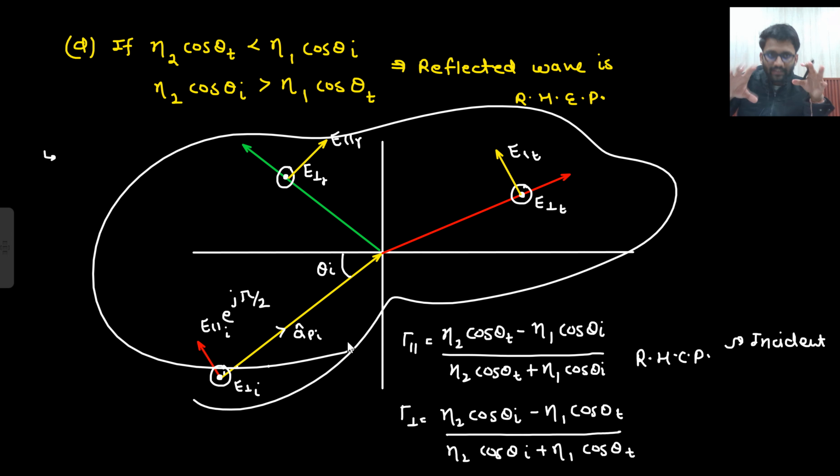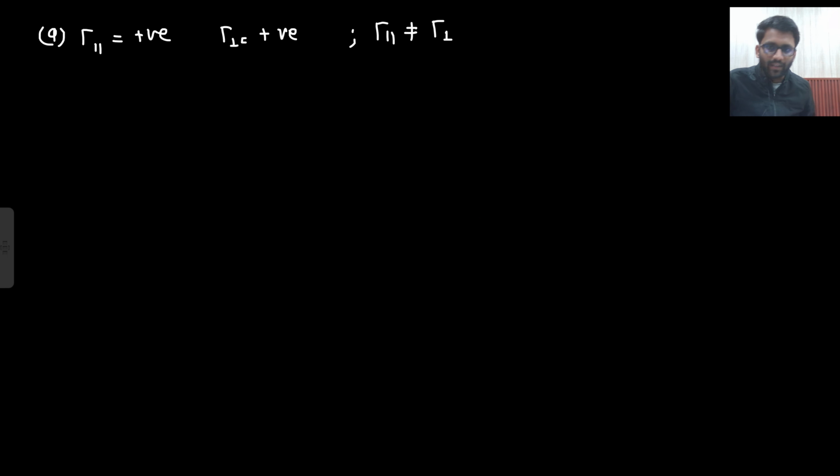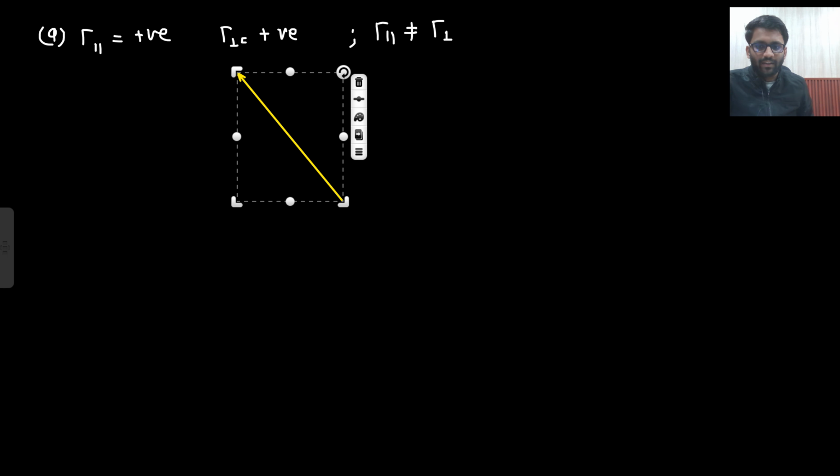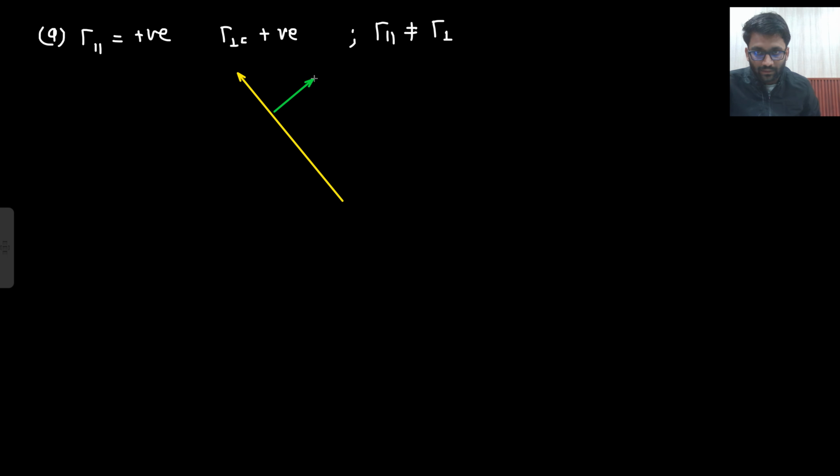That means in our assumption, if we get gamma parallel and perpendicular to be positive, I don't need to change any direction. If I draw my reflected field, it will be like this. This is my direction of wave propagation, this is the parallel component, and this is my perpendicular component.